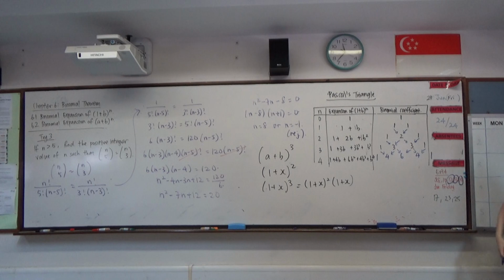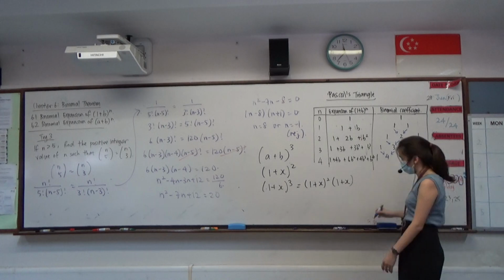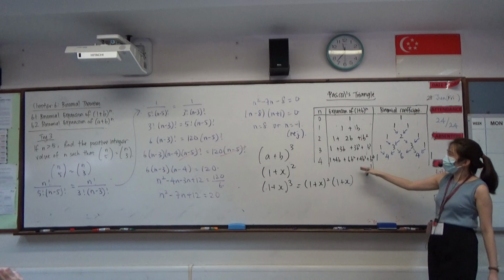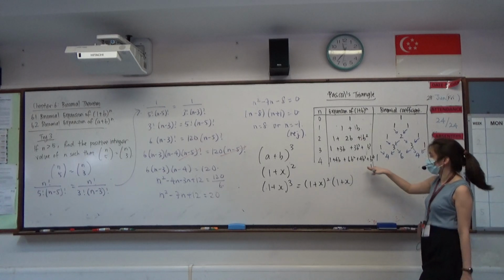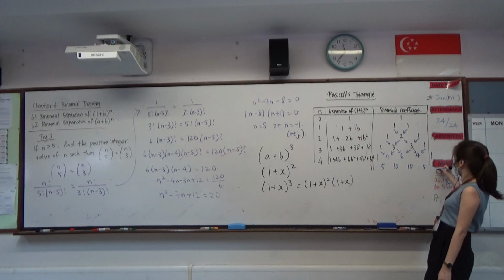So if I know Pascal's triangle, I know very well how the fifth one is going to look like. If I use this triangle, the power of 5 expansion will be 1, 5, 10, 10, 5, 1.